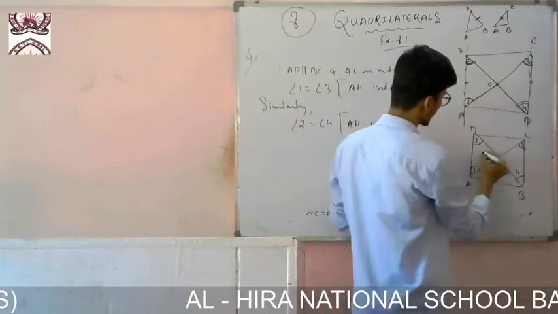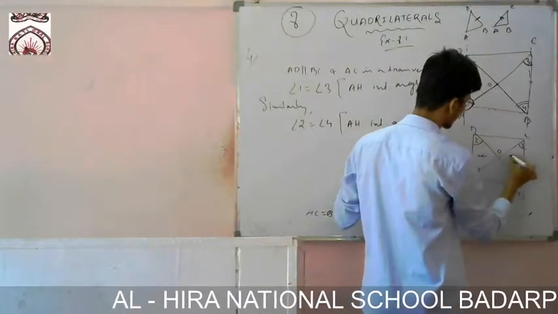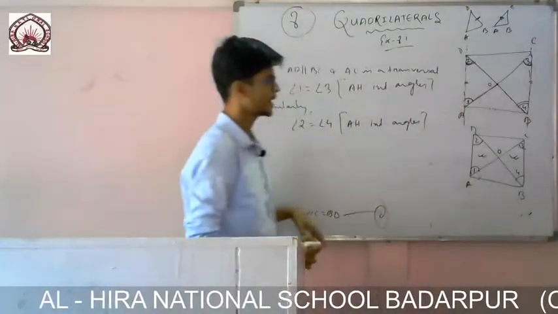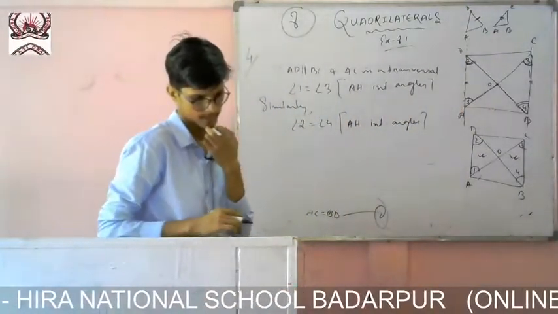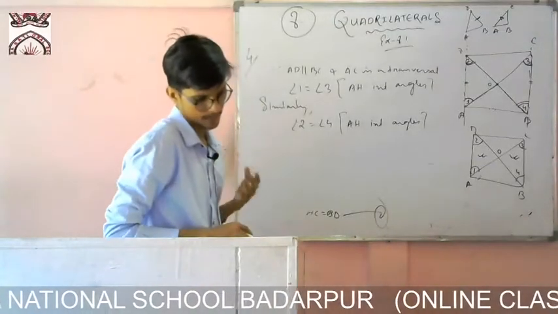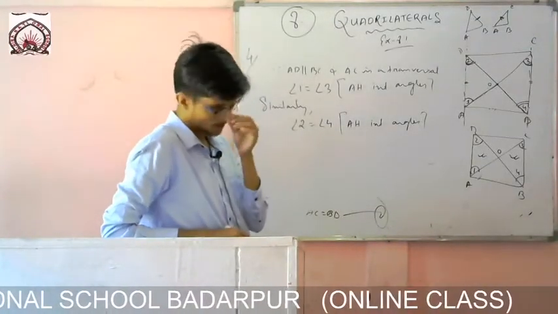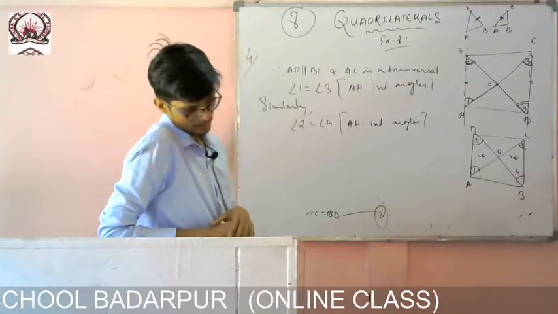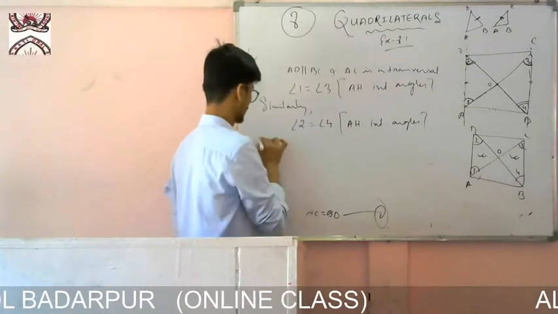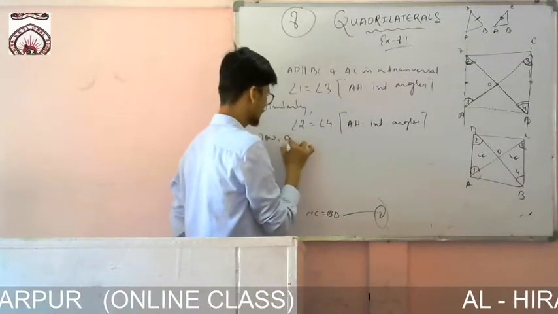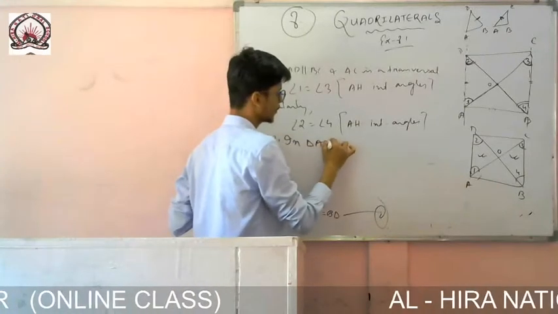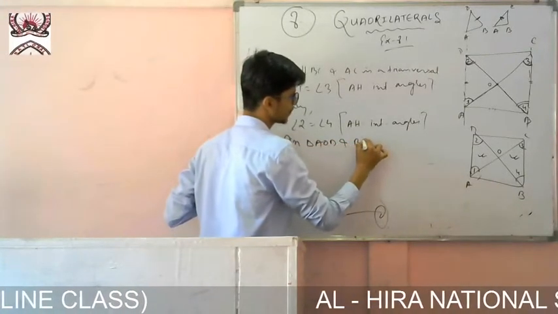Now I am taking this triangle and this triangle, AOD and BOC.